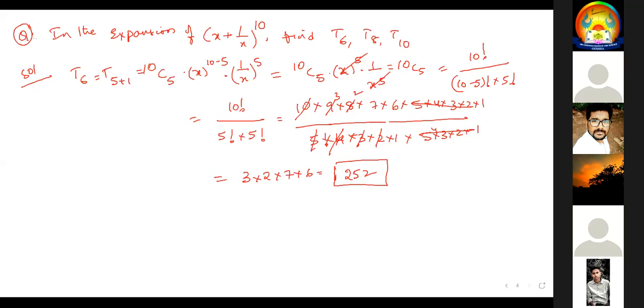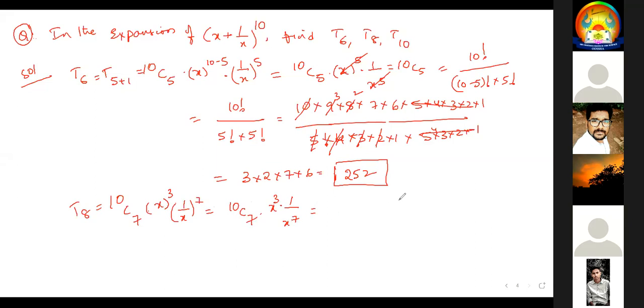Now, can anyone say what is the 8th term? The 8th term is 10C7 into x to the power 10 minus 7 into (1/x) to the power 7.